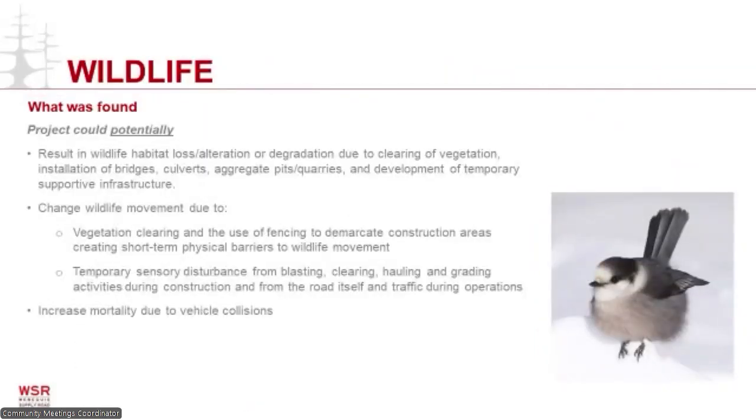As for wildlife, the project could possibly result in wildlife loss due to project activities such as vegetation clearing and culvert installation. Changes in the movement of wildlife could also occur due to vegetation clearing, temporary use of fencing, and disturbances from blasting, clearing, hauling, and grading during construction and use of the road during its operation, as well as possible impacts from vehicle collisions.